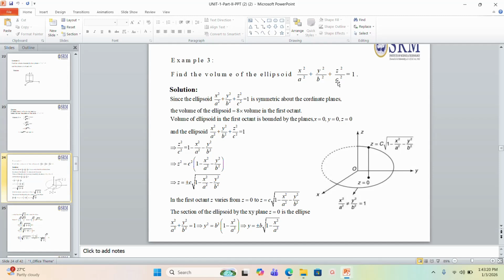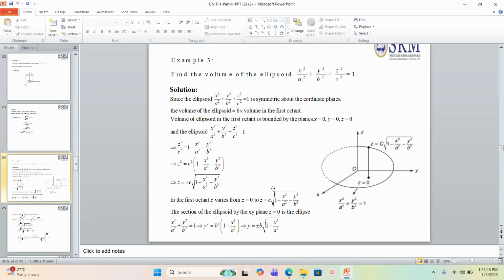That is, y is equal to b into root of 1 minus x square by a square. Then the third integration is z. How to find the z limits? z square by c square equal to 1 minus x square by a square minus y square by b square. Hence z square equal to c square into 1 minus x square by a square minus y square by b square. So these are the x limits, y limits and z limits.